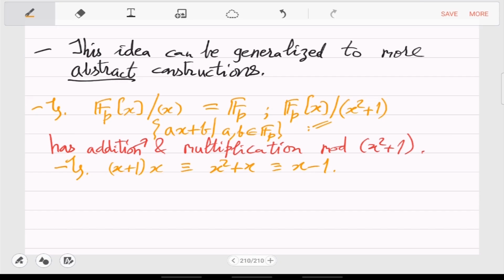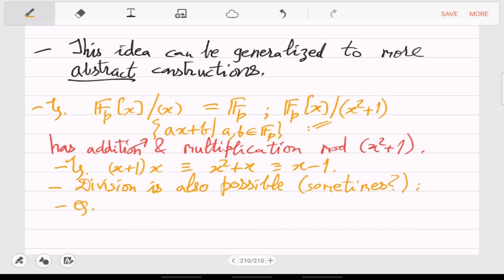And you will be happy to note that you can also do division, which will not be always, but whenever you are not doing division by 0. So what is the inverse of x here? 1 by x is there in this arithmetic.